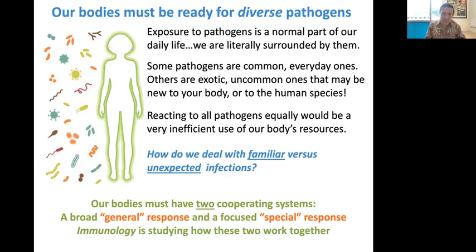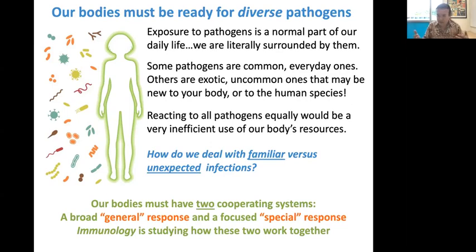They're uncommon, and might be brand new to your body, like the first time in your 20 plus years of life, you're encountering this pathogen, or it's even a brand new pathogen that is new to the human species. So things like COVID-19, the SARS-CoV-2, is an example of something that our species has previously not had to deal with.